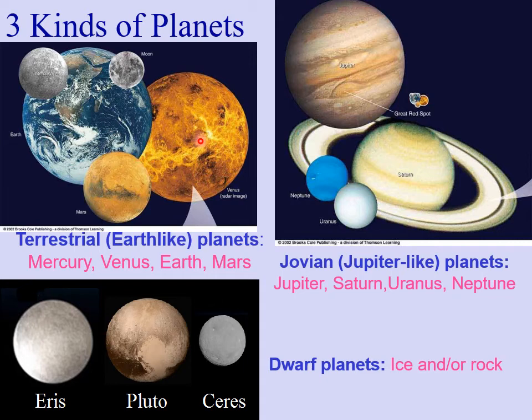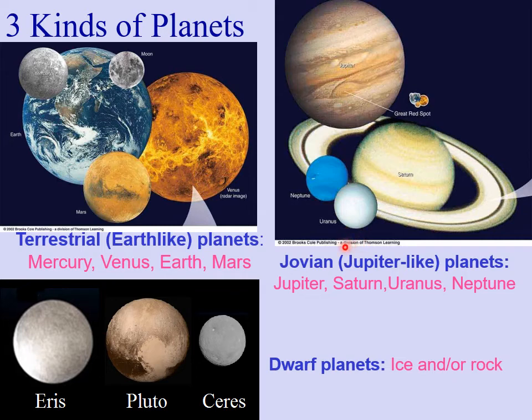But they do share some common features, such as a rocky surface and very thin or no atmosphere. And so all of these inner planets share that type of geology. So Mercury, Venus, Earth, and Mars are the inner terrestrial planets of our solar system.